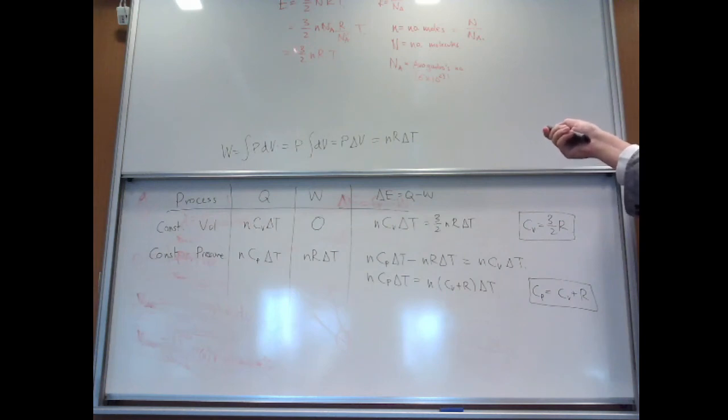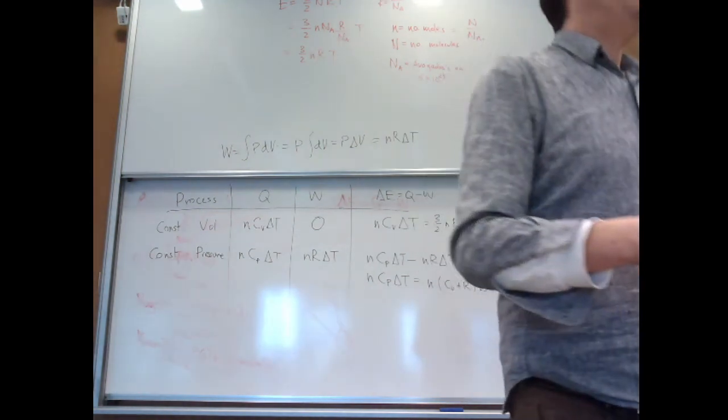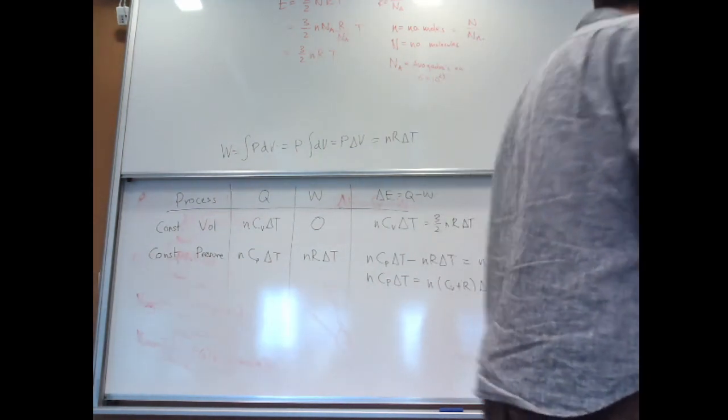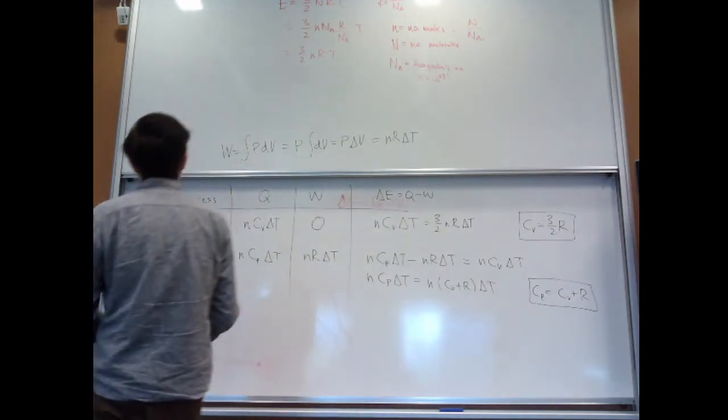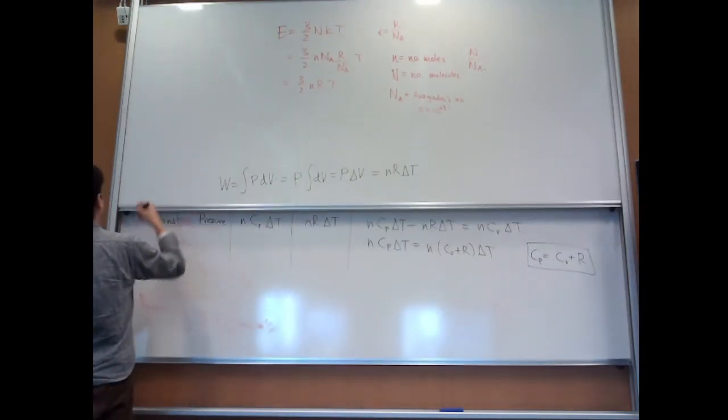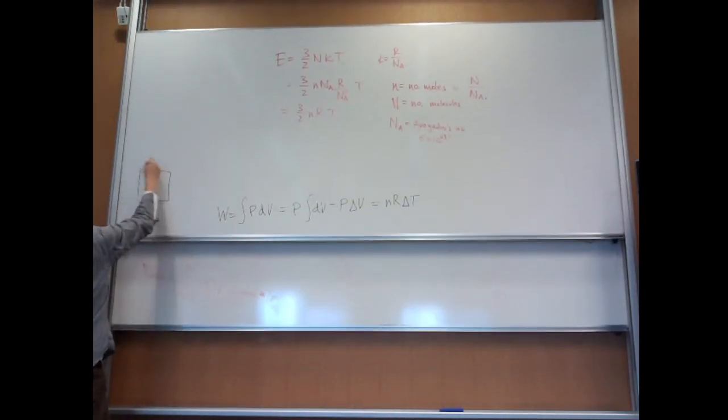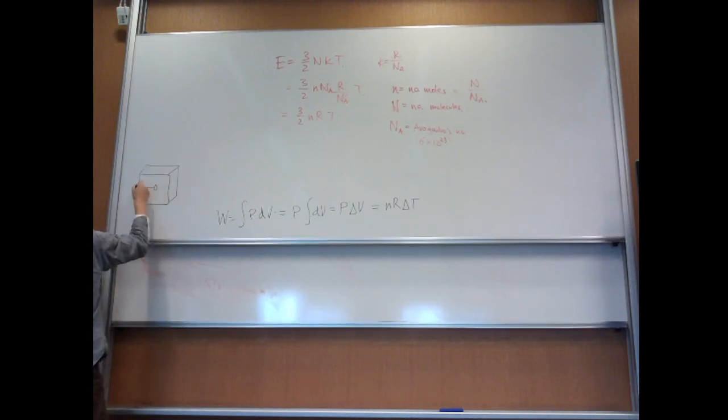And so this 3 originally came from an argument where we have some box, and the atom is just bouncing left and right, and what we were trying to calculate is the pressure on the box.